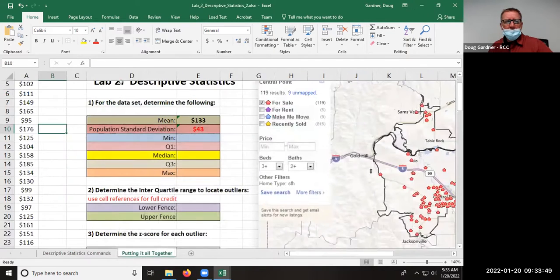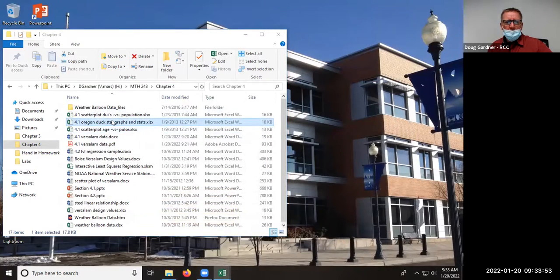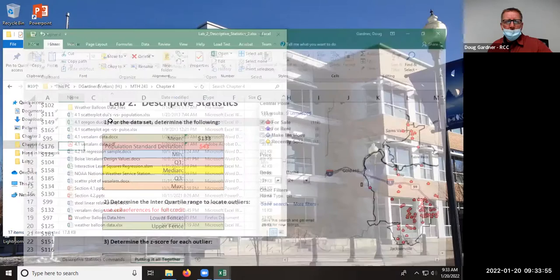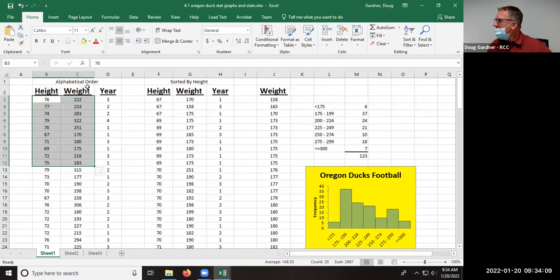Let's look at something else. Height and weight. Do you think there's a relationship between people's heights and people's weights? This is the Ducks football team. Do you think there'd be a relationship between height and weight?